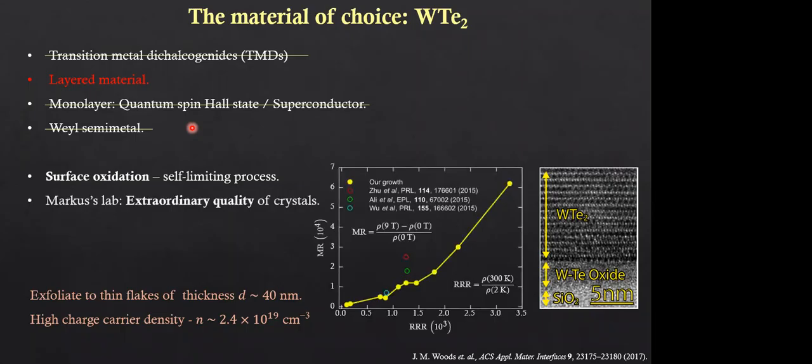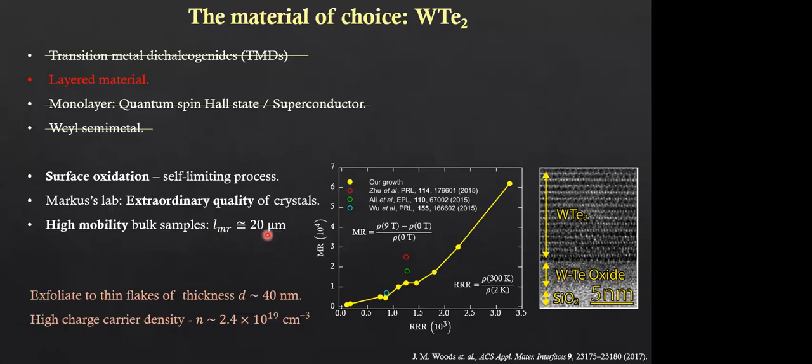In Marcus Wicker's lab at Weizmann, they grow extraordinary quality crystals, which have very high mobility bulk samples, with a momentum relaxing mean free path, LMR, of about 20 micron.